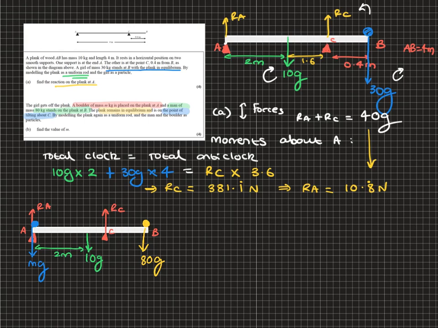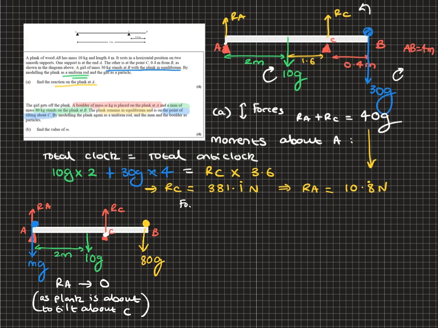If the plank is on the point of tilting about point C, that tells us that in a minute, essentially, we're going to lose contact between the plank and the pivot at point A, which means that RA is going to effectively approach 0 as the plank is about to tilt about point C. So let's think about forces.